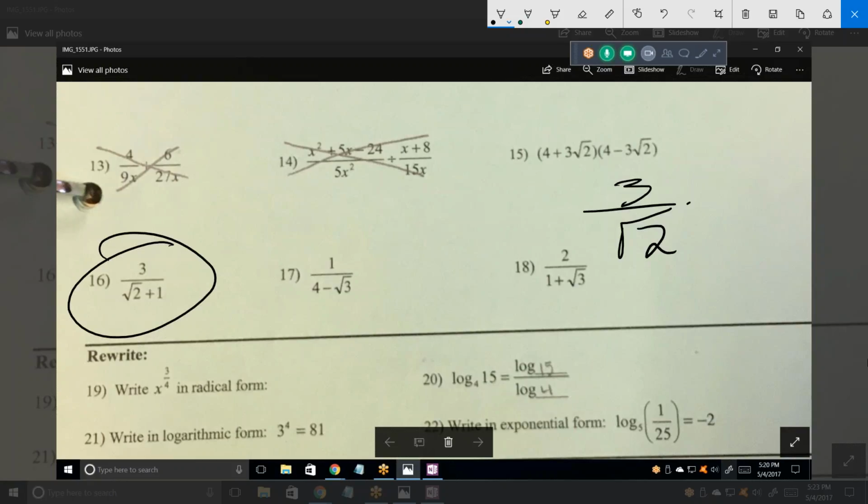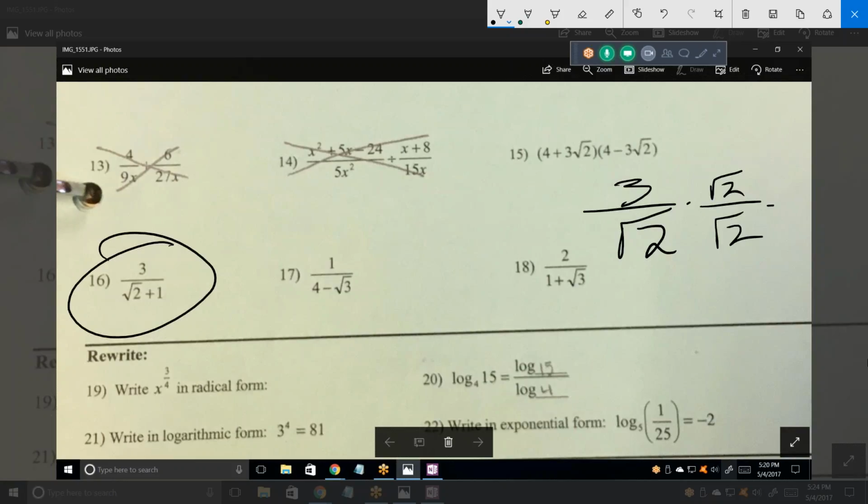The only thing I'm allowed to do is multiply this fraction by the number 1. Well, in this case, the number 1 is going to be root 2 over root 2.